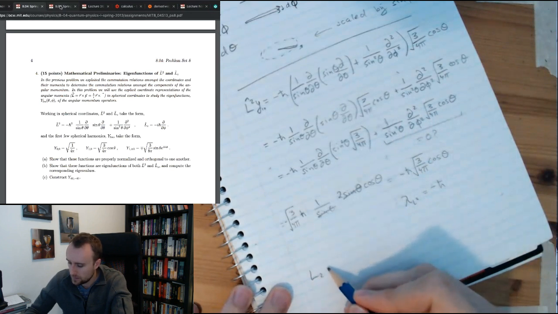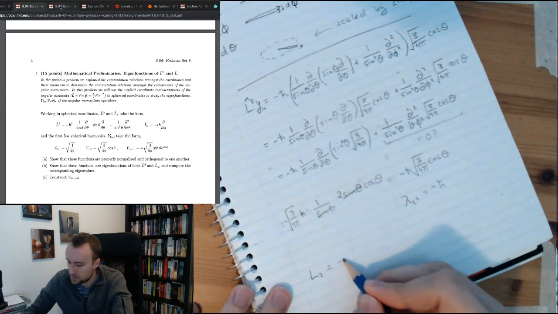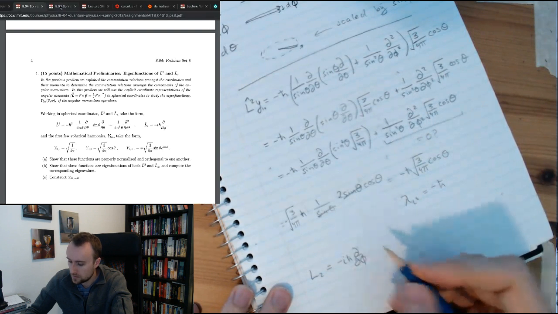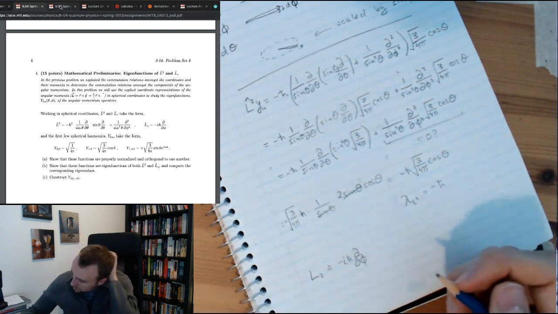And Lz is equal to minus h bar, which is also 0 for those.